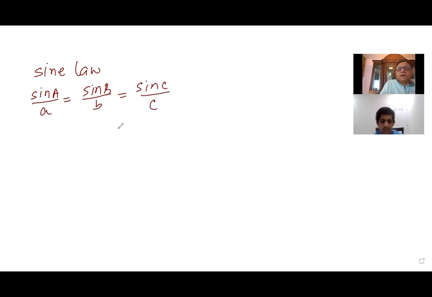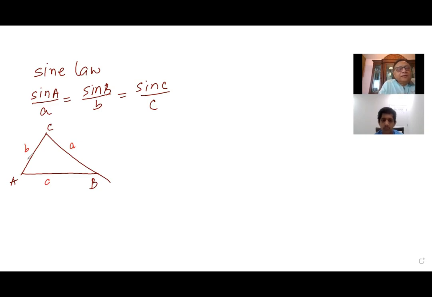We are always talking about a triangle, which is written as ABC, any general triangle, where sides opposite to the angles are written in lowercase.